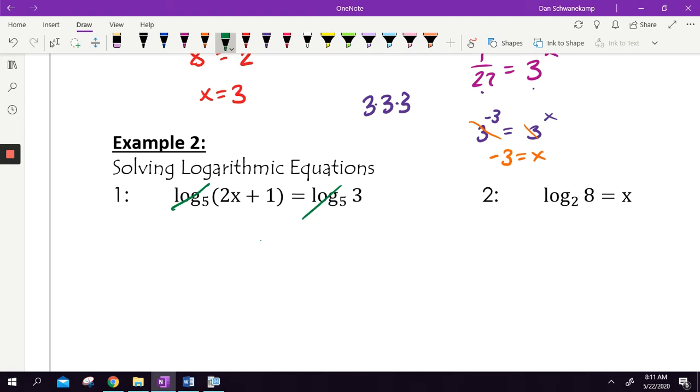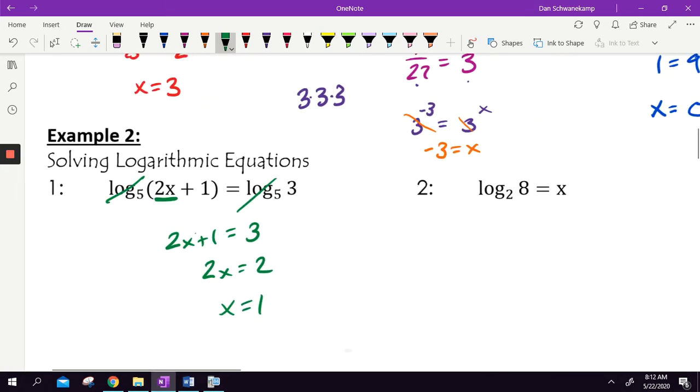It's log base 5 of something is equal to log base 5 of something. Those two things can cancel. And now you're just left with this problem right here. 2x plus 1 is equal to 3. Well, if I've got 2x plus 1 is equal to 3, that's an easy solve. Minus 1. Divide by 2. Done. If I plugged in 1 here, I would get log base 5 of 3 is equal to log base 5 of 3. Yeah, that's a true statement.